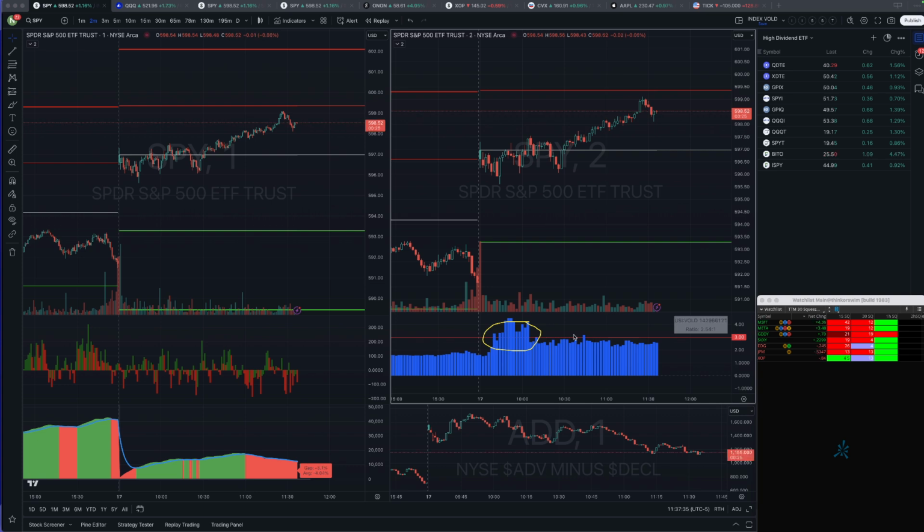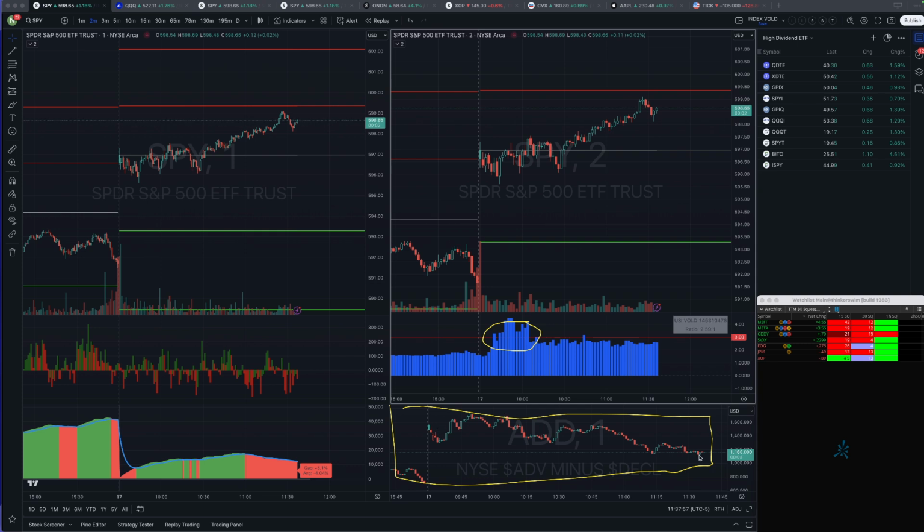And then if you're getting readings above 3 or around 3, and you have a high advance decline, which is this indicator down here, right? And this is also showing 2 minutes on the advance decline, and we're sort of penned up here in the high 1000s.